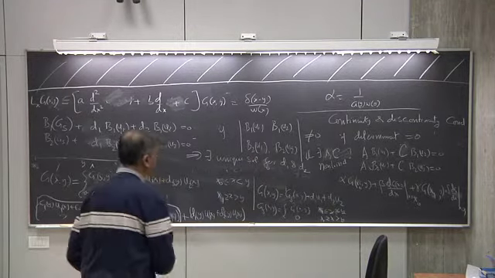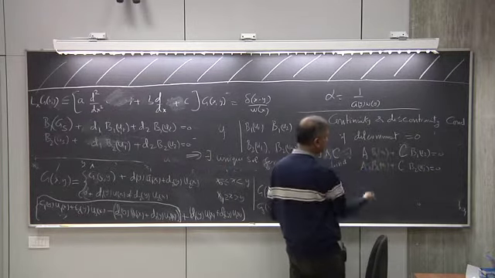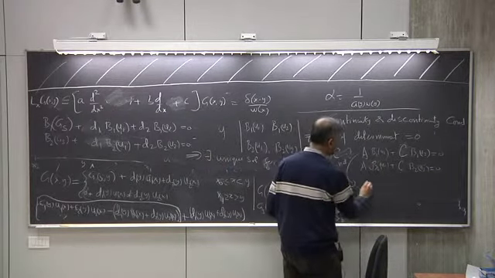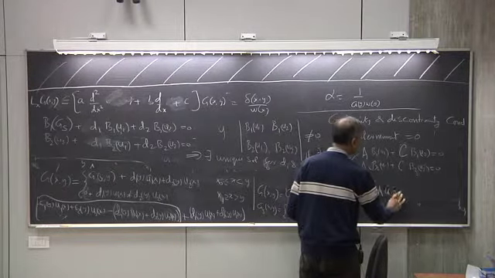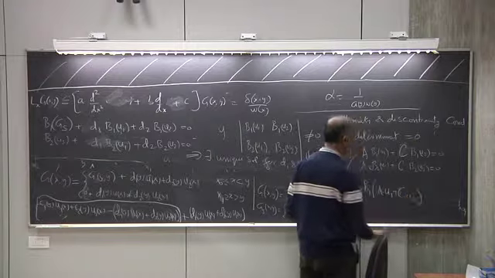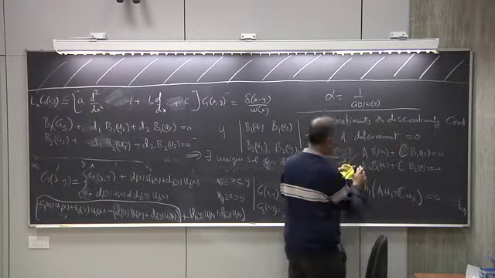I'm just using linearity. Look at the left-hand side of this equation. That is the same as B1 of A U1 plus C U2, and we are saying that's equal to 0. Now look at this equation.